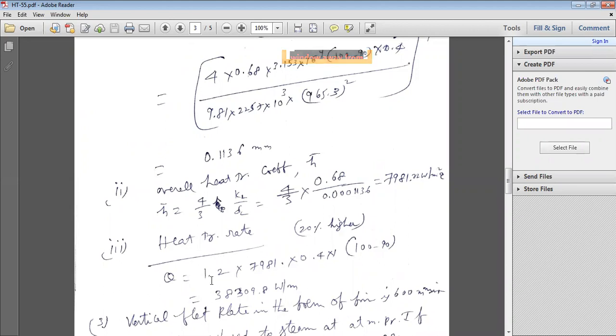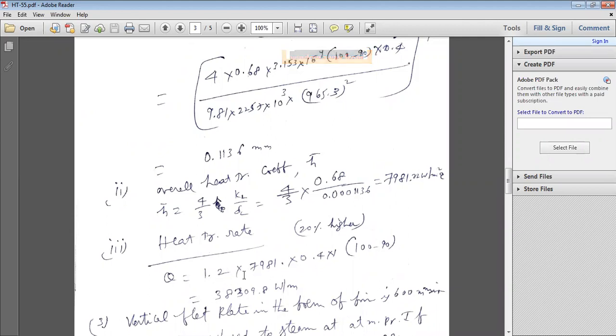More heat should be liberated to convert vapor steam into liquid. More heat of condensation is required. That's why the actual heat transfer rate is higher. So if you incorporate McAdams correction, a 20% higher heat transfer rate is to be calculated. 20% higher means 1.2 times.